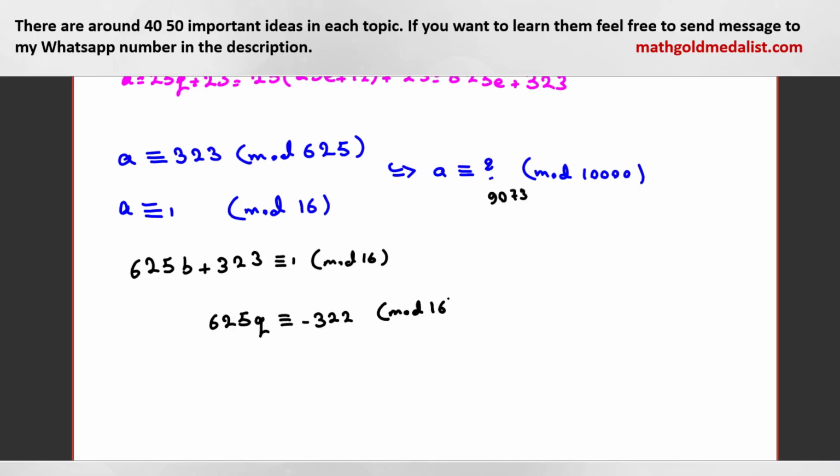So b is congruent to, 625 mod 16 is what? 1. Because 3 times 16 is 48, 145, 144, exactly. What about 322? 322 is 2, but it is negative 2, right?